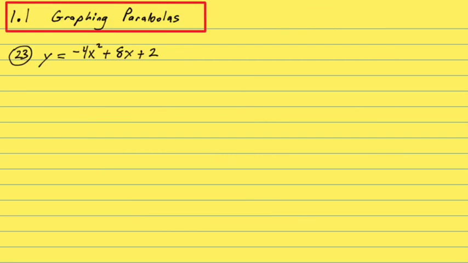Okay, this is number 23. Again, we want to use negative b over 2a to find the vertex. So what is the b? b is 8. What is the a? Negative 4.